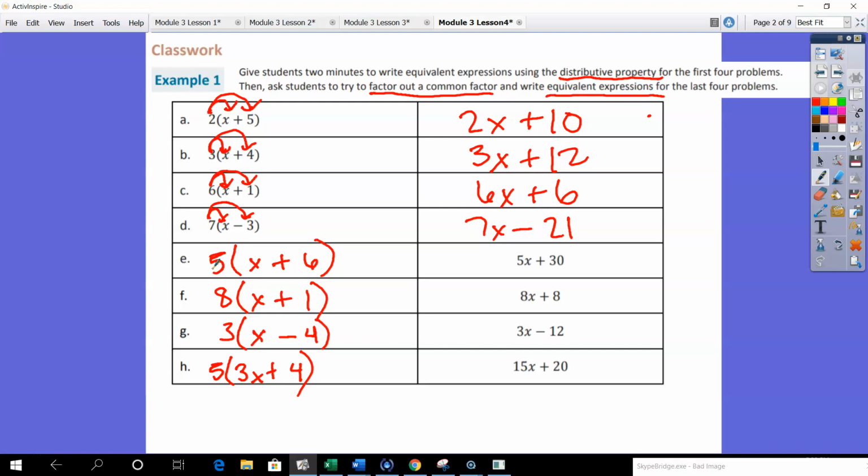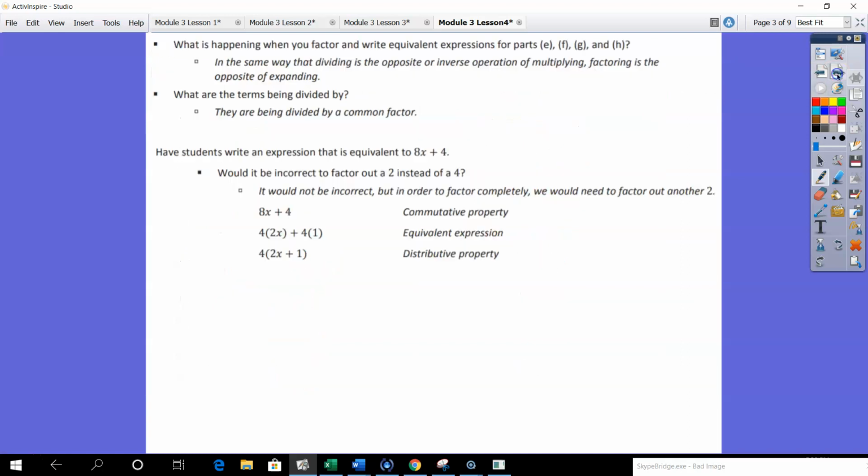Okay, so if we had, let me see where I put this. Okay, here it is. Sorry. And that's what we just said. So if we're writing the expression 8x plus 4, and you can just put this at the bottom of your page, would it be incorrect to factor out 2 instead of 4?